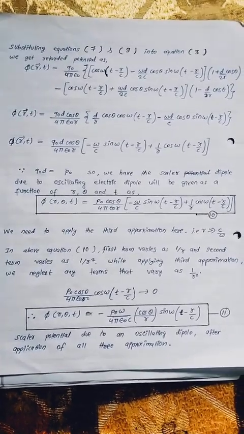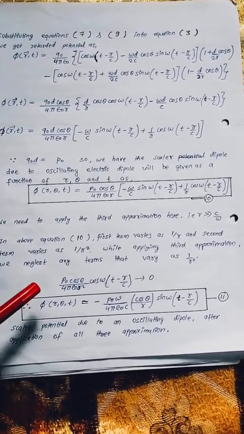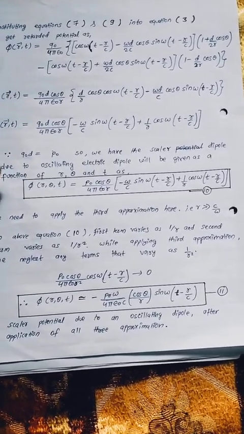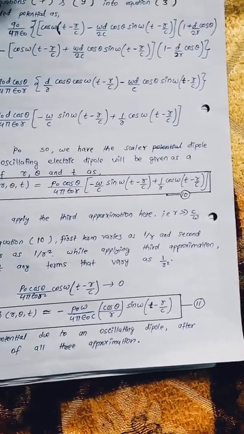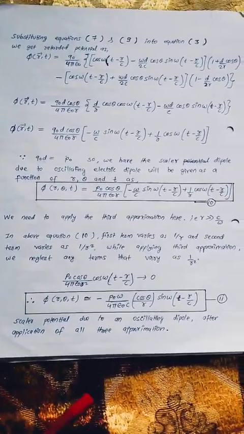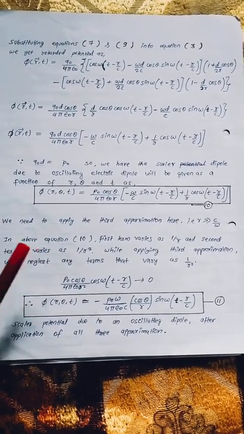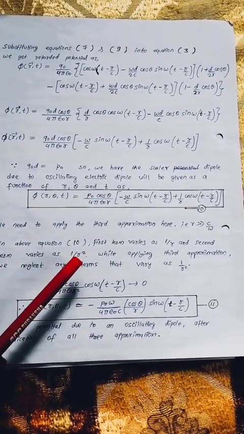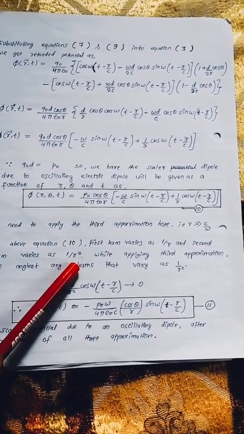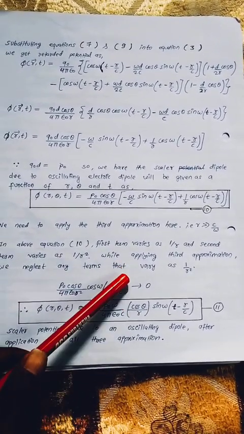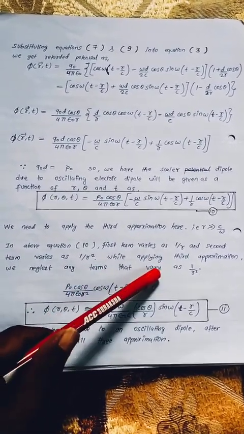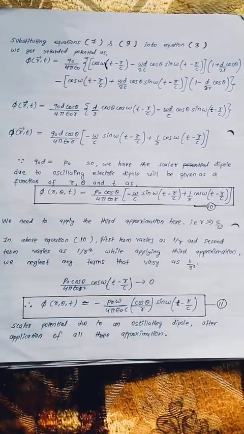We need to apply the third approximation here, that is the field point is very far as compared to c by omega. In our equation 10, the first term varies as 1 by r and the second term varies as 1 by r. While applying the third approximation, we neglect any term that varies as 1 by r square.